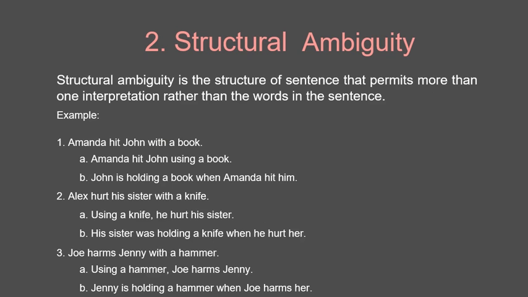So we move to the second type of ambiguity. It is structural ambiguity. Structural ambiguity is when the structure of a sentence permits more than one interpretation, rather than the words in the sentence. For example, Amanda hit John with a book. So there are two possible meanings here.